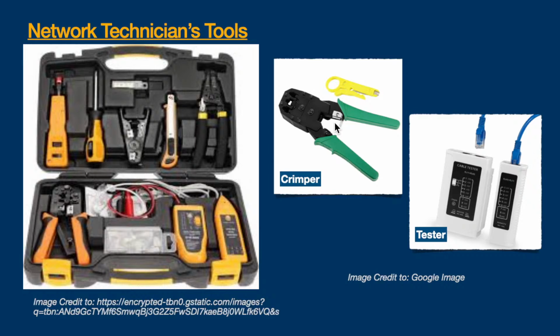So we use this to cut. Then you can equally use your blade, this yellow one, to cut it so as to remove the plastic sheet from it, and be able to cut that one inch. At the mouth of this crimper is the RJ45 mode.